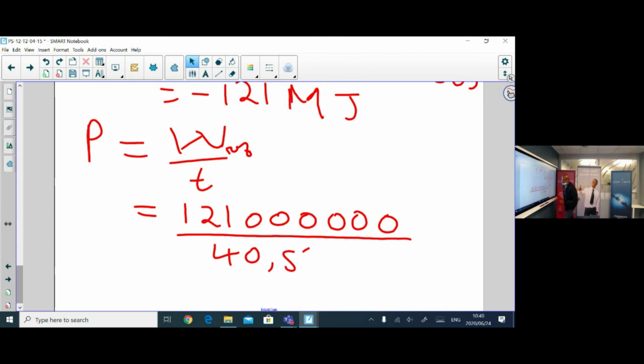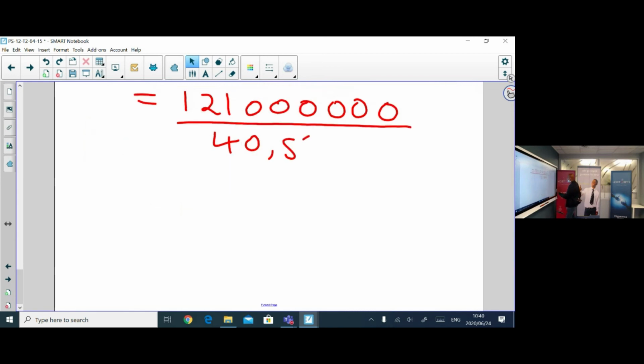That is 40.5. Let me extend the page. I need you to use your calculator while I'm busy using mine. All right, let us do this together. 1, 2, 1, 2, 3, 4, 5, 6, divided by 40.5.